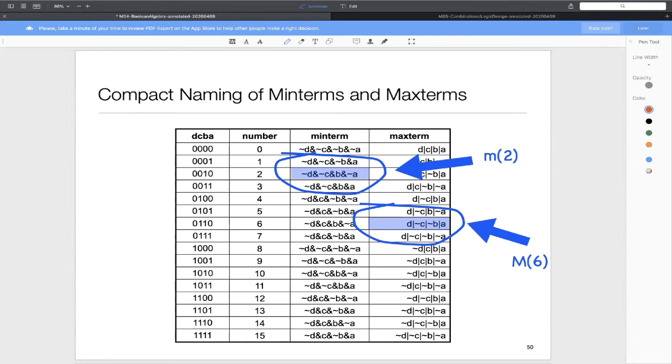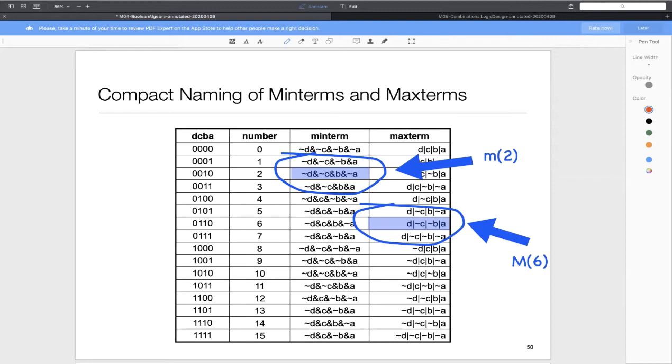But let's say my inputs were 0, 0, 0, 1. Then at that point, minterm number 1 has to be 1. If it so happens that my circuit had the input 0, 0, 0, 1, D was 0, C was 0, B was 0, and A was 1, then we know minterm number 1 is going to have the value 1.